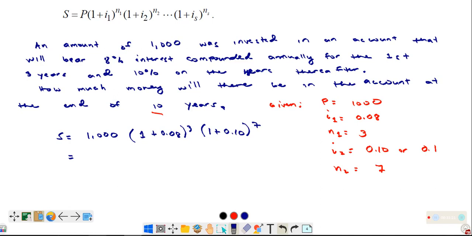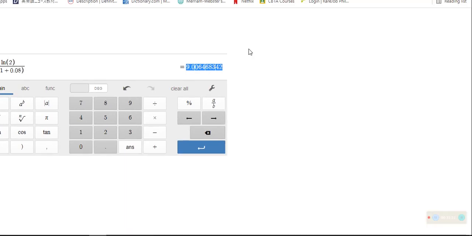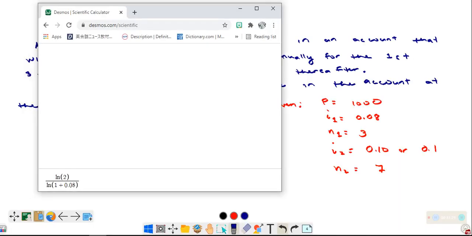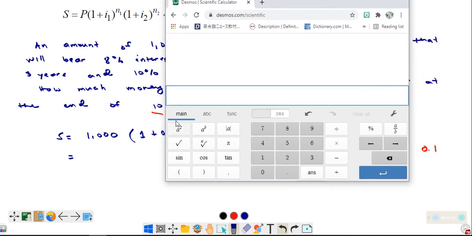So here, compute natin siya. Our trusted calculator should be just here. Ayan. Clear all natin siya. We have 1,000, open parenthesis, 1 plus 0.08. I-close natin yung parenthesis and then lagyan natin siya ng power na 3. Okay?